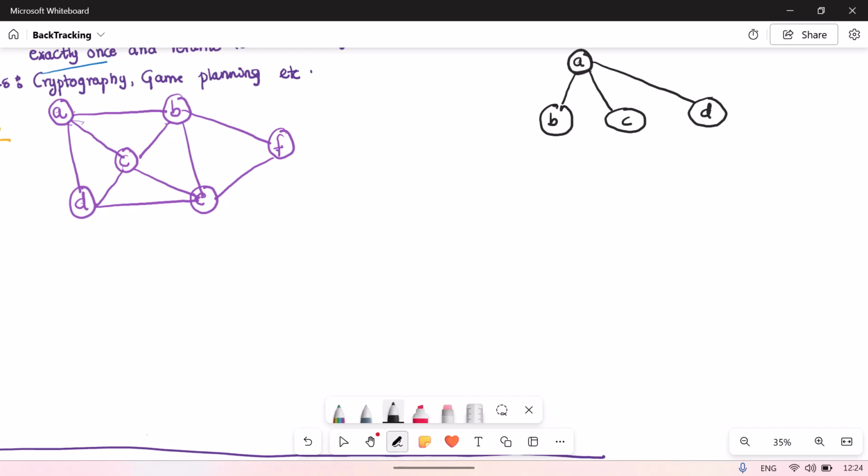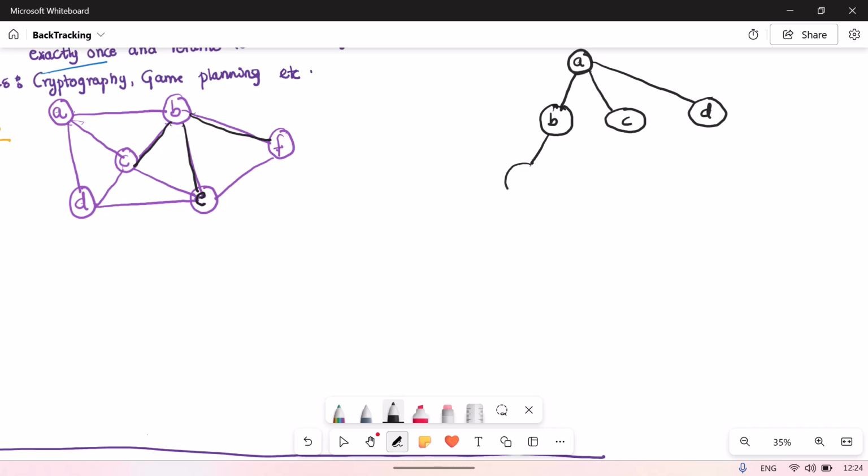So, I'll go with B now. Check from B, where do you have the direct paths to? From B, I have a path to C, to E, and to F, right? These are the three paths.